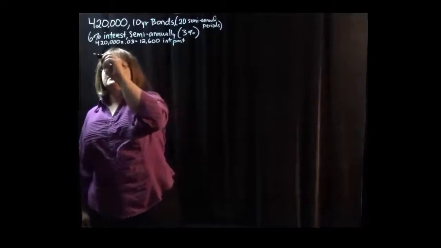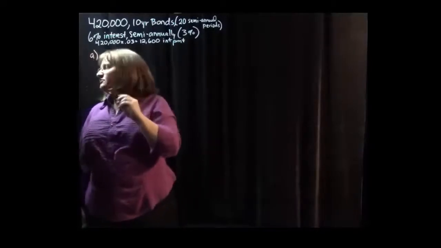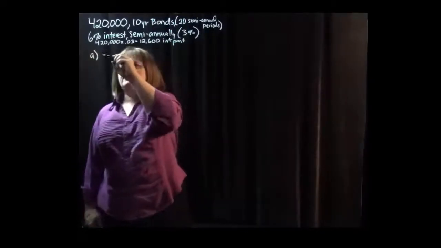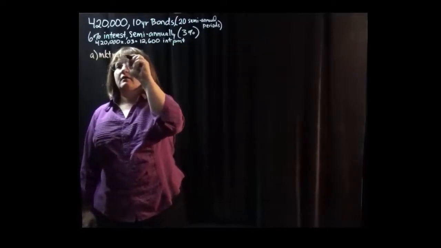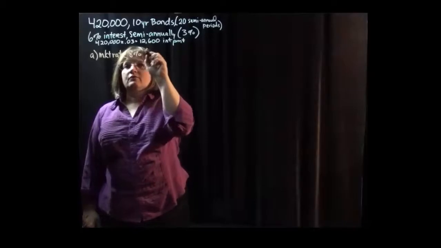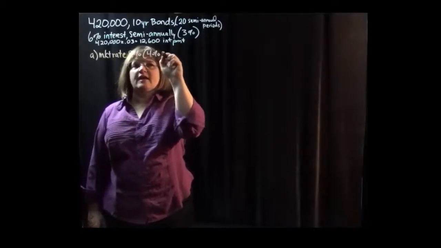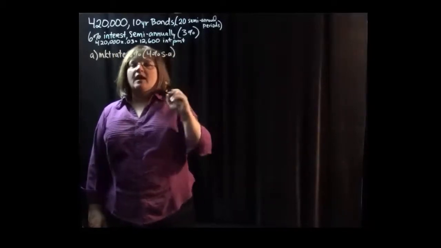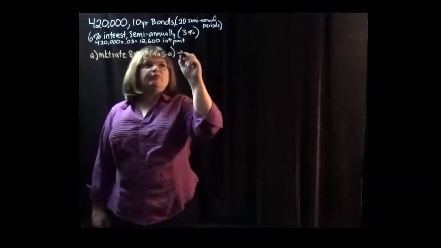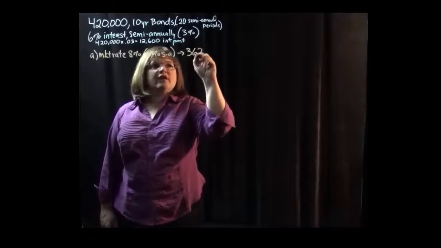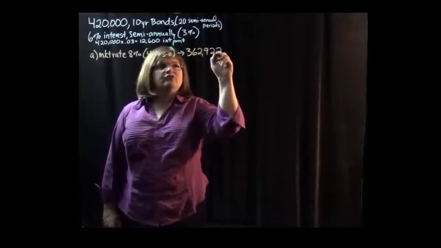So the first case that we're given is the case where the market interest rate was 8%, which of course is 4% semi-annually, and that resulted in an issue price of $362,922.